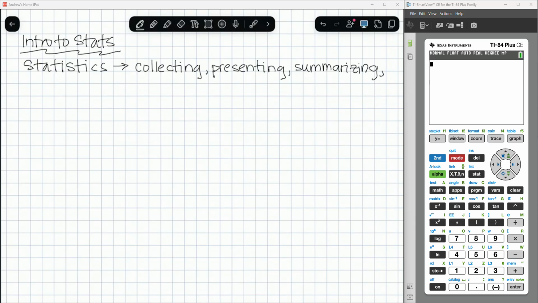And then the last two things, we're going to be analyzing data and drawing conclusions from data.